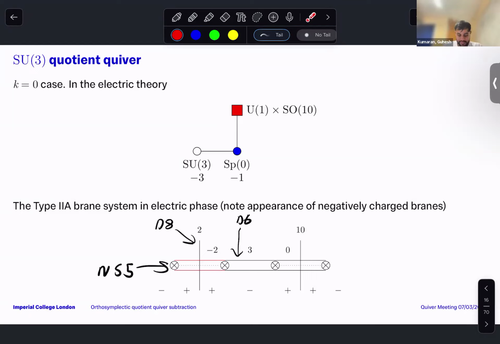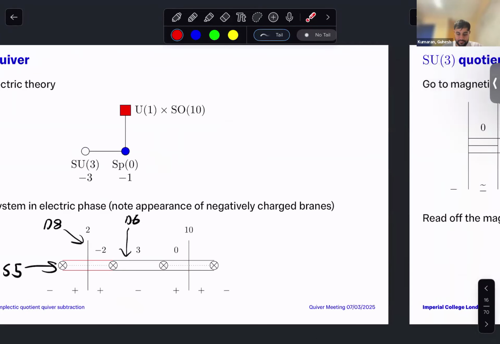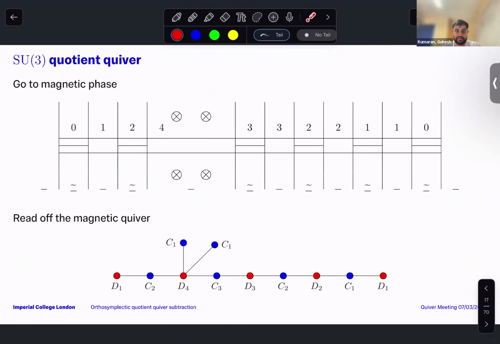Okay, so I start with this brane system and I go to the magnetic phase. To do this, I do a sequence of brane creations, and eventually I'll get here. This is the magnetic phase of this brane system. I try to move all of my NS5 branes, which were on the orientifold plane, and take them off.